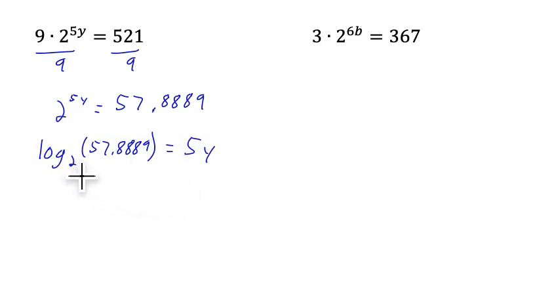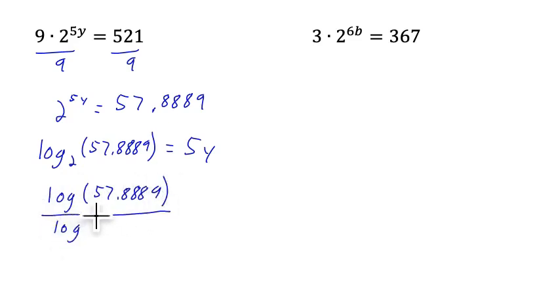Now, most scientific calculators don't have a base 2 log button, so let's go ahead and calculate this just using the change of base formula. Very handy that we're allowed to do that. And I'll go to the scientific calculator to calculate the log of 57.8889 divided by the log of 2.